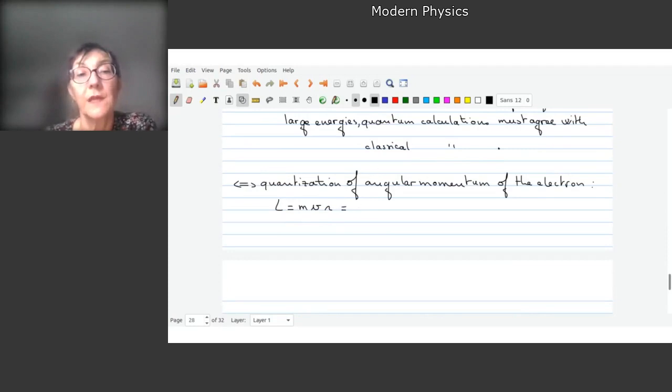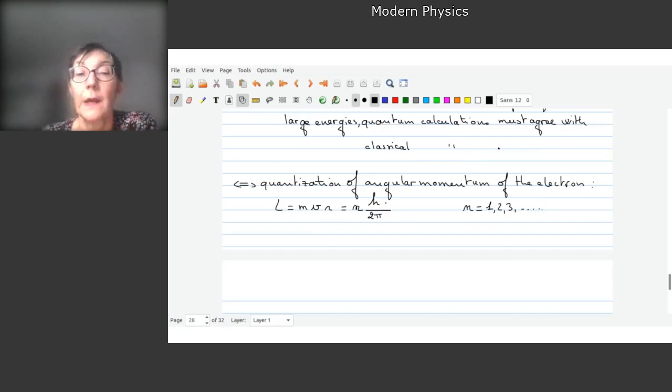And what Bohr said is that this angular momentum is equal to a number n, which is 1, 2, 3, times the Planck constant over 2 pi.